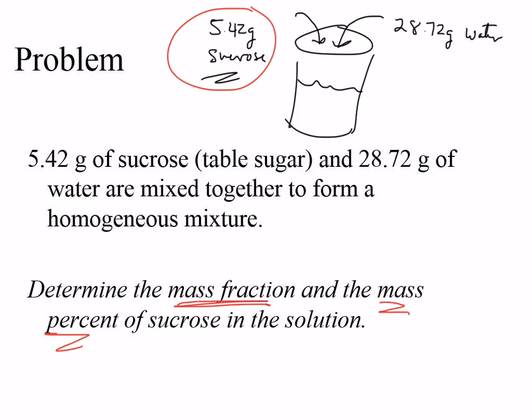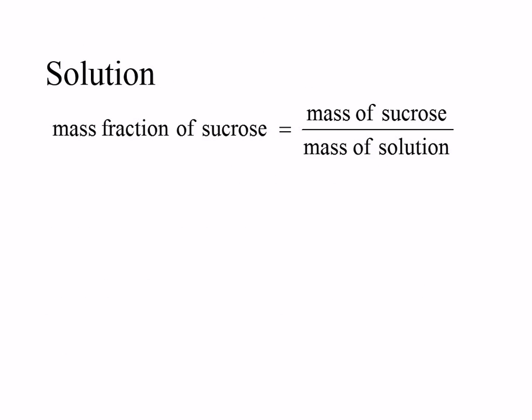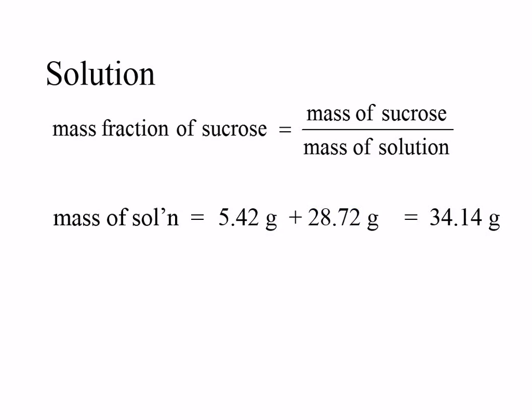So, here we go. The mass of the solution, and the solution and mixture are the same thing here, is adding together those two masses. Yep, the total, exactly. So 34.14. 34.14, very good, thanks Stacy.